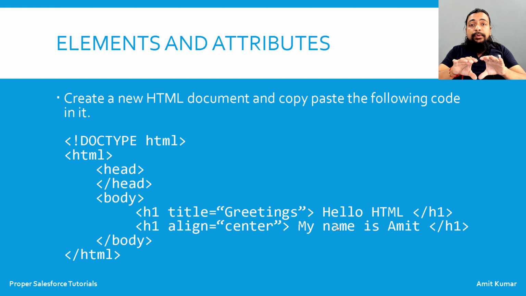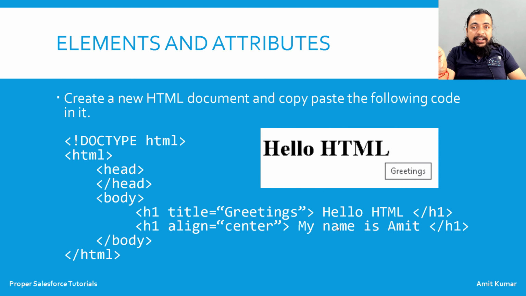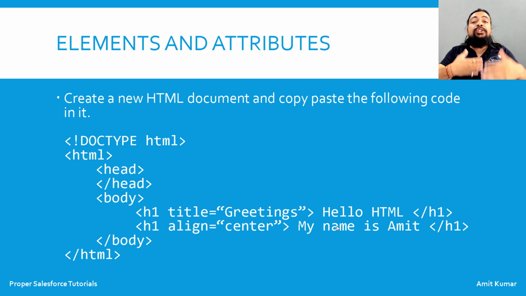Whatever you specify with the title attribute for an element, when you hover your mouse over that content on the web page, this title will be displayed as a tooltip. Whatever you want to display as a tooltip for an element, you can use a title attribute, and whatever you want to show as the tooltip will be specified as the value of the title attribute.